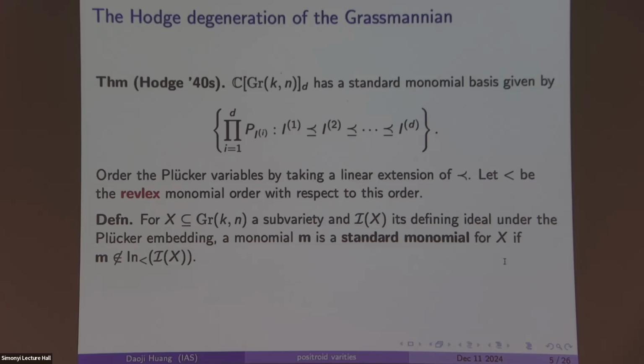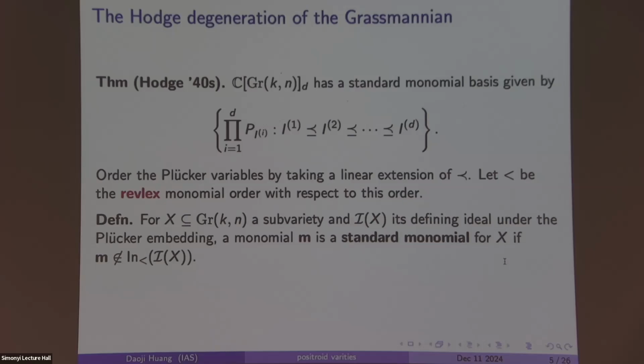This is how I remember the definition of Rev-Lex. And if you have a Plucker relation, and you think about the definition of Rev-Lex, it is always able to pick out the incomparable pair. The incomparable pair would always win.